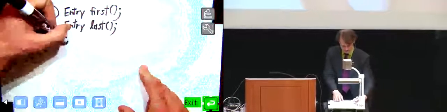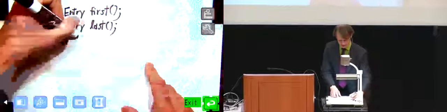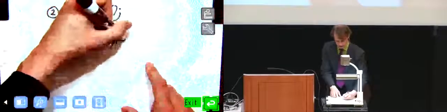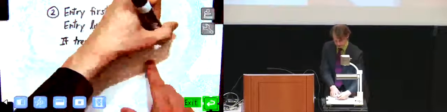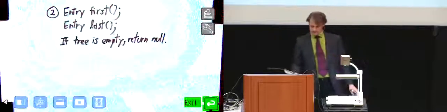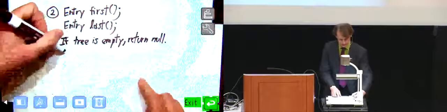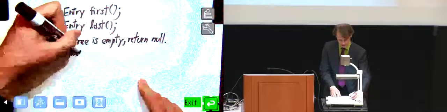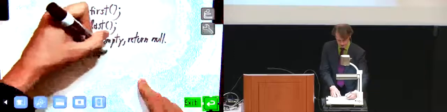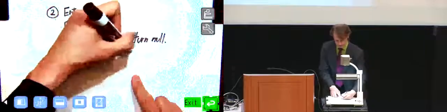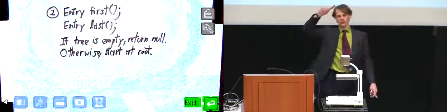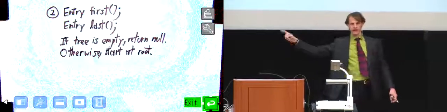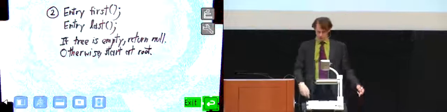And so, for instance, the first method: if the tree is empty, return null. Otherwise, you start at the root and you keep going to the left child, left child, left child, until there's no more left child.